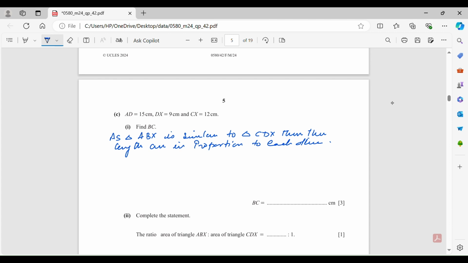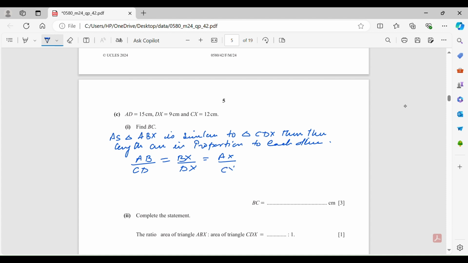Therefore, AB over CD is equal to BX over DX, equal to AX over CX.